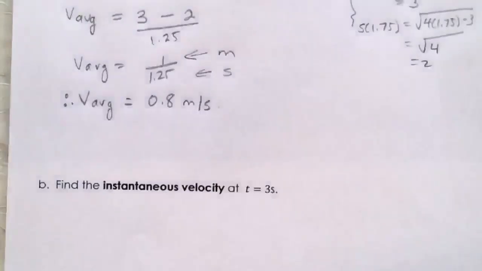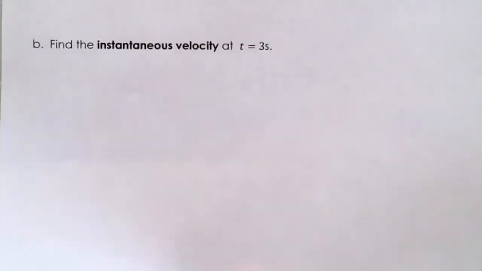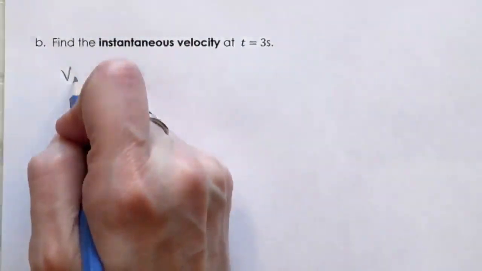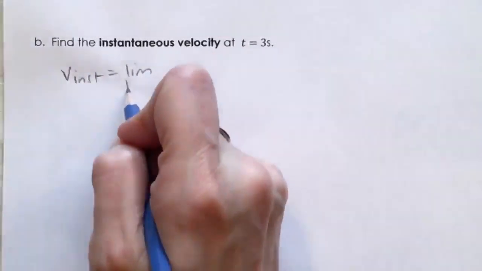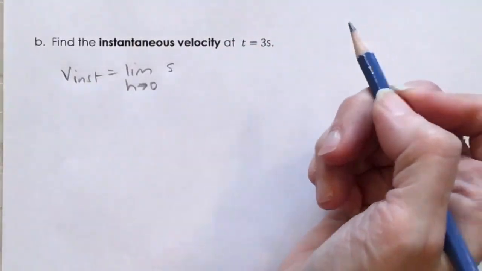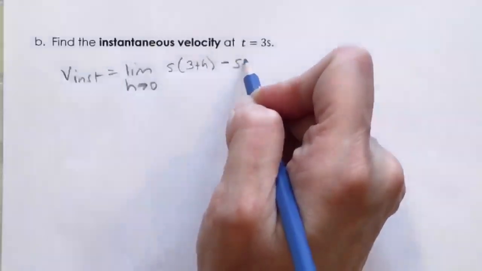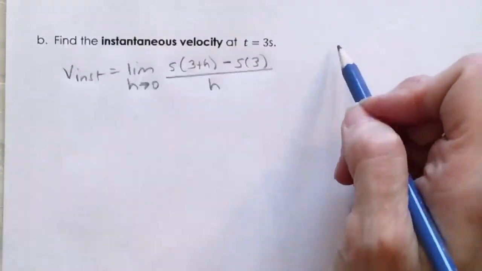All right, instantaneous velocity. Find the instantaneous velocity at t equals 3 seconds. So that's a different formula. V instantaneous is equal to the limit as h approaches 0 of, again, they used s, so will we, s at 3 plus h minus s at 3 over h.